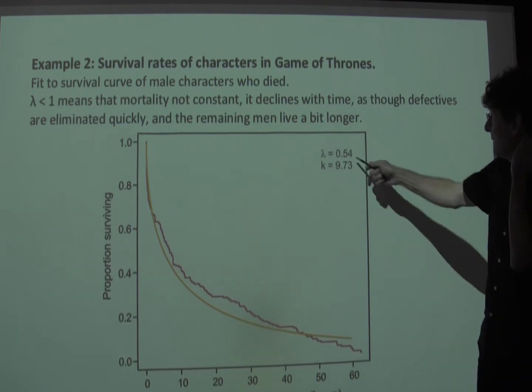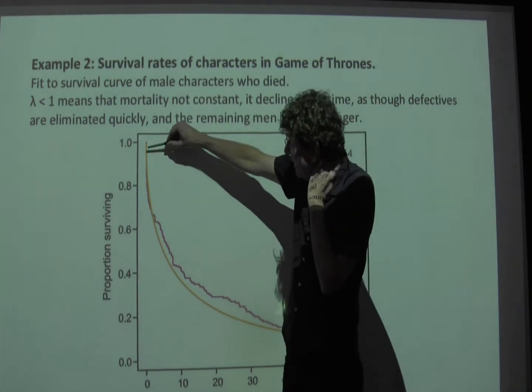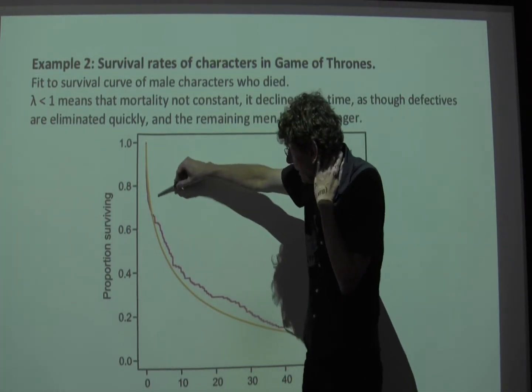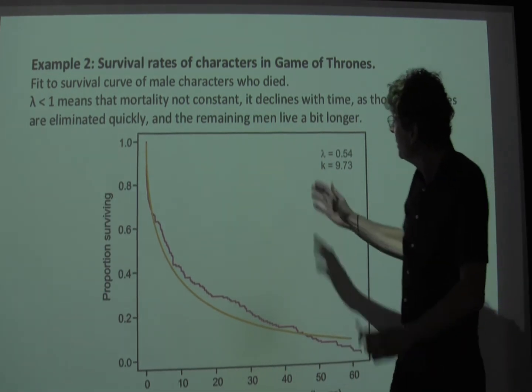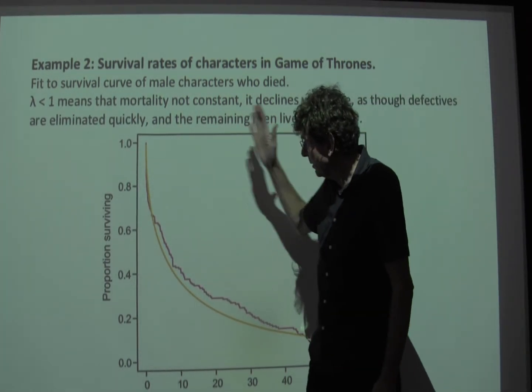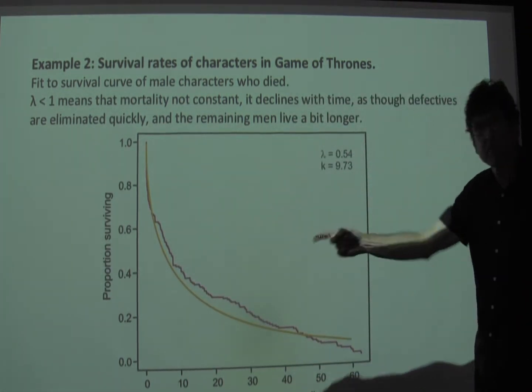So what does a lambda less than 1 actually mean? An exponential fit where it's constant with lambda equal 1 would look more like that. And the shape of this particular Weibull is more scooped, especially near the front end.